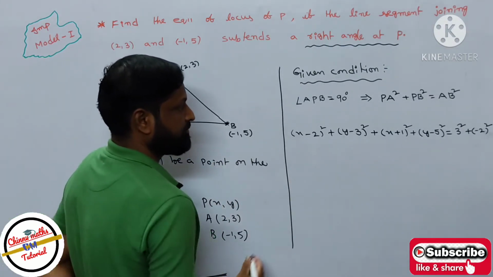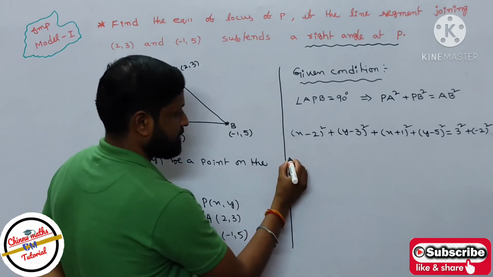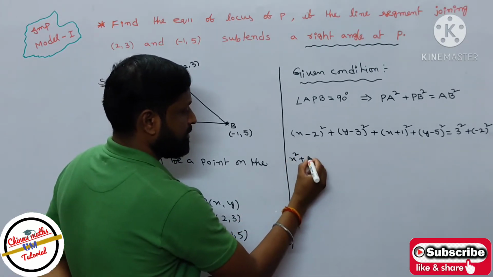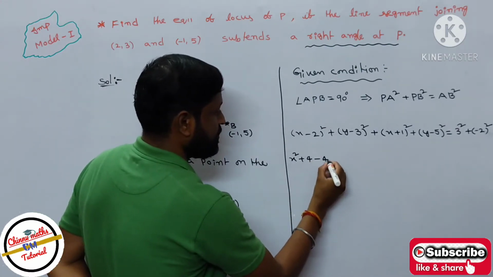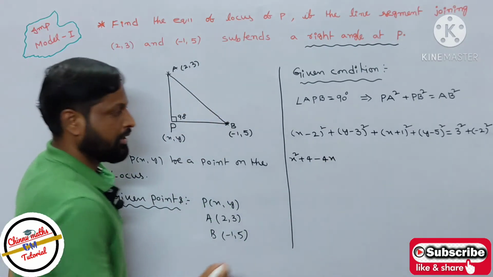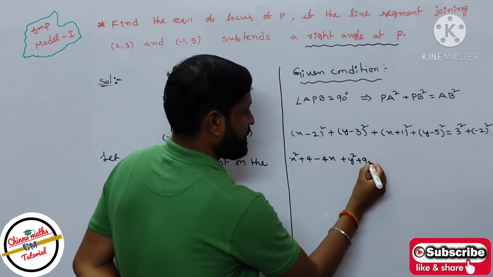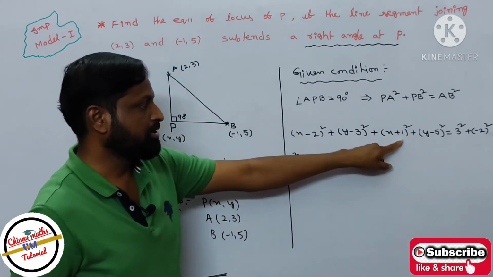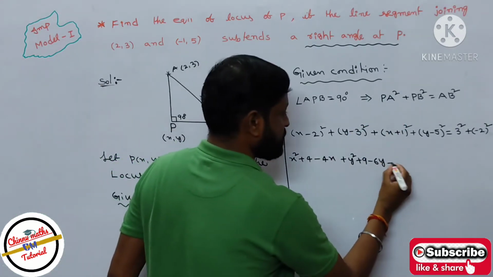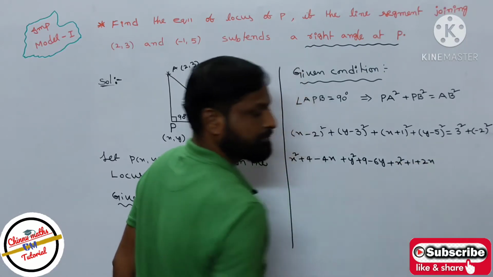Next, then simplify. It is in the form of (a - b) whole square: a square plus b square minus 2ab, so (x - 2) whole square is x square plus 4 minus 4x. Next, similarly, y square plus 9 minus 6y. Then (a + b) whole square: x square plus 1 plus 2x.